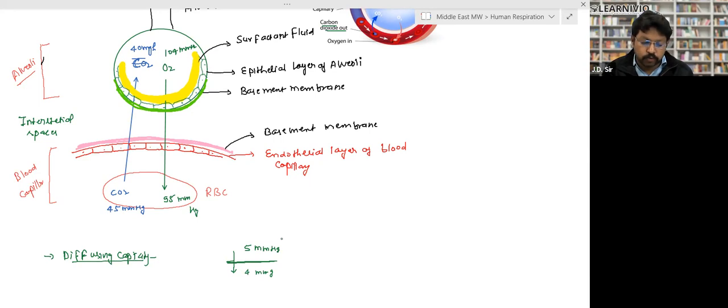The diffusion of O2 is 2 times faster than nitrogen. Clear?